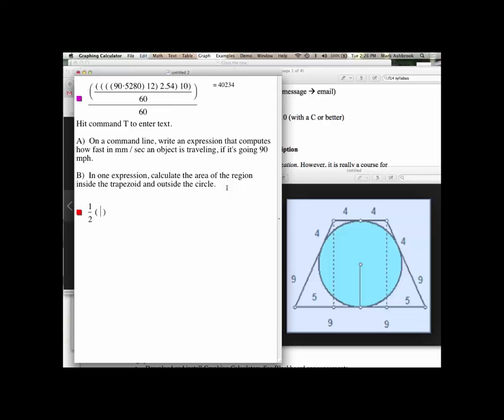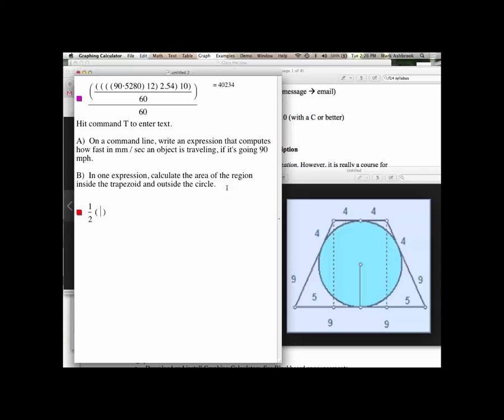So how do we do a square root? Control V? Might be Command V. No, that's paste. Option V on Mac.